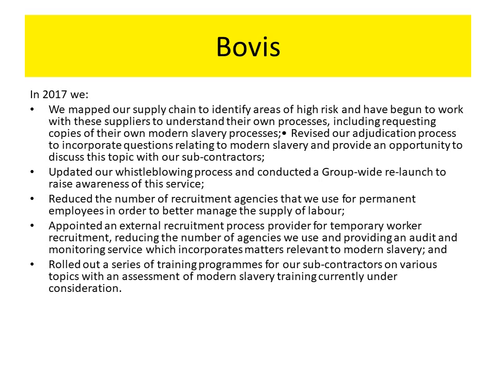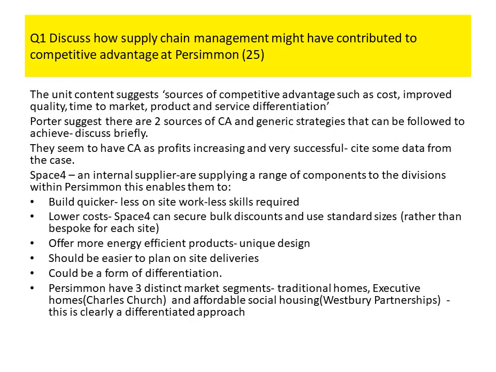So this is ethical and sustainability risks. We reduced the number of recruitment agents we use to get better management of labour, appointed an external recruitment process to make it fairer, and rolled out training programs for subcontractors on topics with an assessment of modern slavery. So that's a specific area of risk assessing.